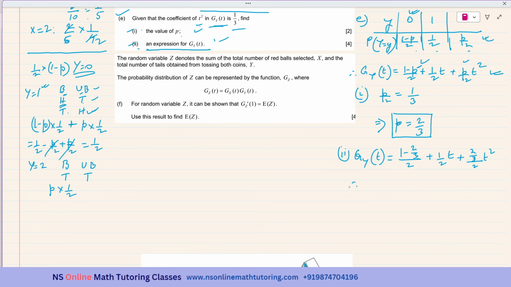So gy of t is equal to 1 minus 2 over 3, which is 1 over 3, divided by 2 is 1 over 6, plus half t, and 2 over 3 divided by 2 is 2 over 3 multiplied by half, so this will be plus 1 over 3 t square.